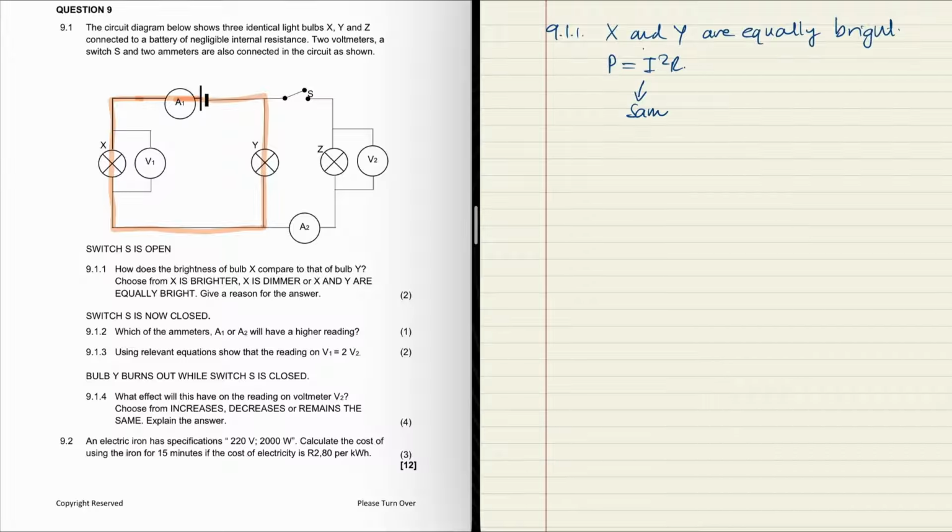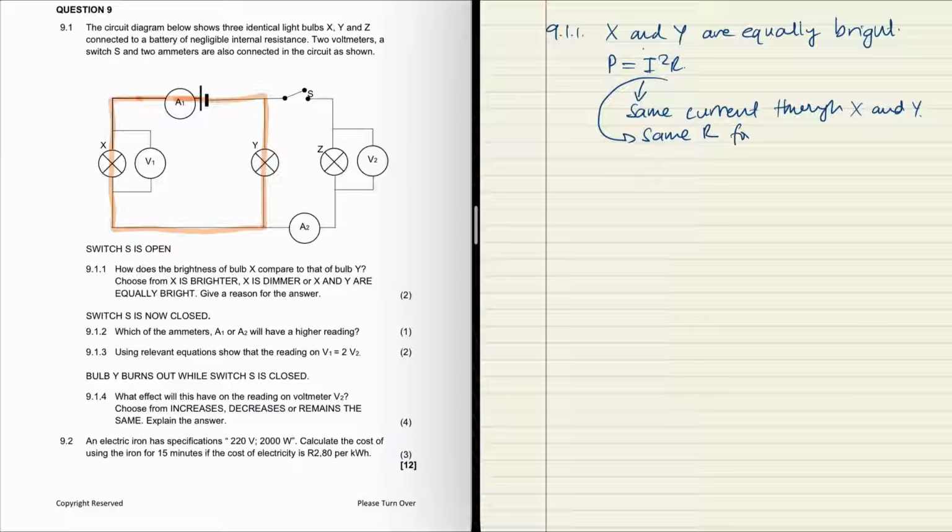So same current through X and Y, and they are identical, so same resistance, same R for X and Y. And so since the current is the same and the resistance is the same, it means that they're going to have the same power and same brightness. So same power and brightness.